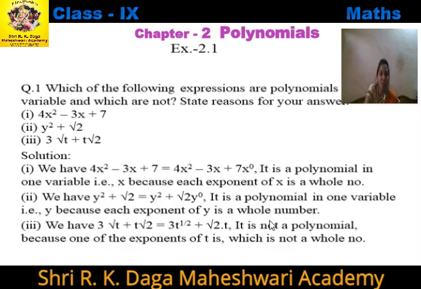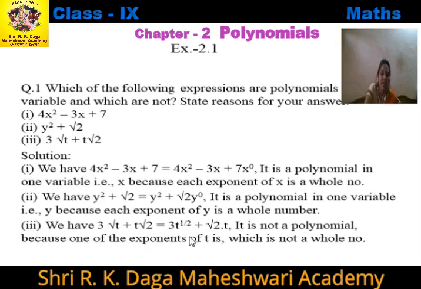Now in the third question we have 3 root t plus t root 2, which is equal to 3 t to the power 1 by 2, because under root t implies t to the power 1 by 2, plus under root 2 into t. It is not a polynomial.